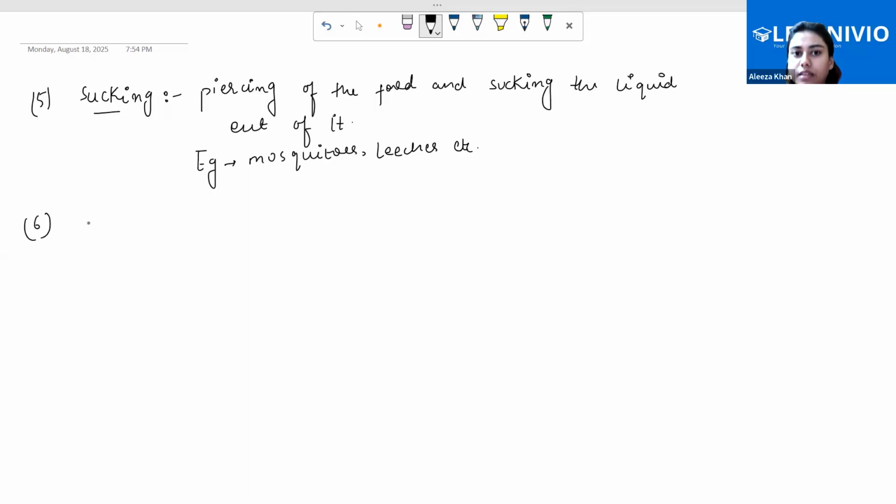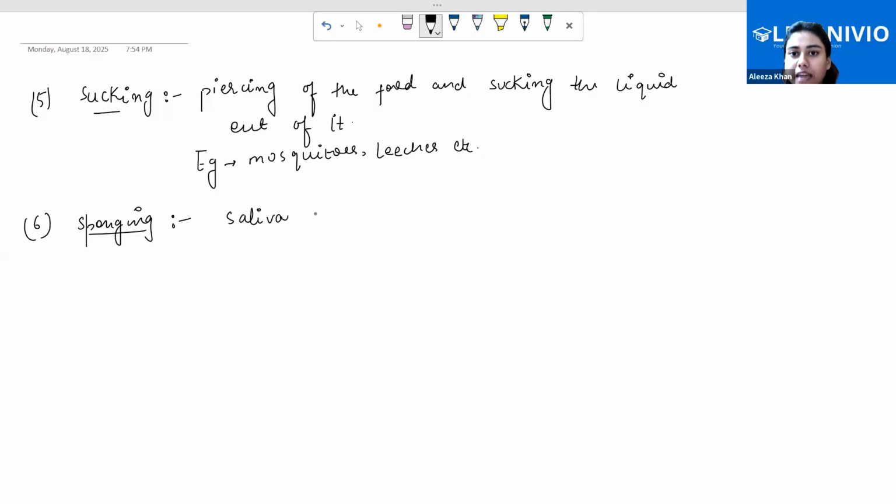The sixth mode is sponging. What do you mean by the term sponging? Making something spongy, soft, so that it can be easily taken into the body. It involves saliva.